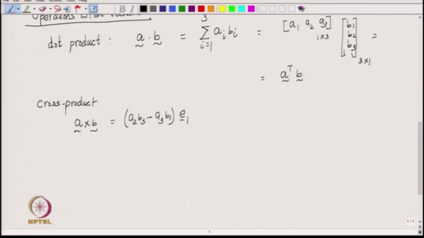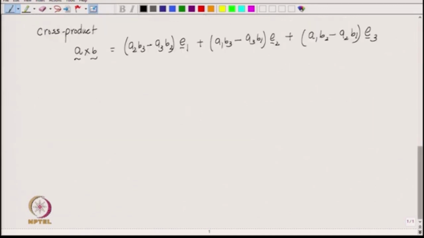So, this is the e1 component, plus A1 B3 minus A3 B1, that is the e2 component, plus A1 B2 minus A2 B1, and that is the e3 component. Okay, the 3 components of this cross product.